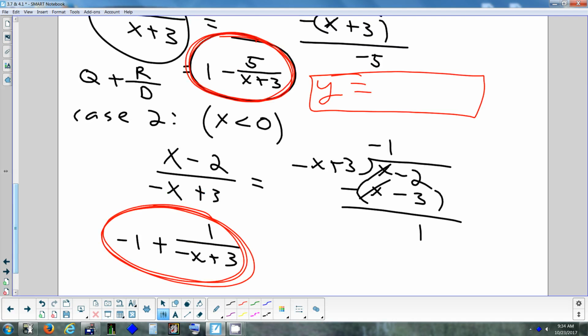Let's plug in 1,000. What's 1,000 plus 3? 1,003. And then what's 5 divided by 1,003? If you had $5 and you divide it between 1,000 and something people, what kind of number would that be?